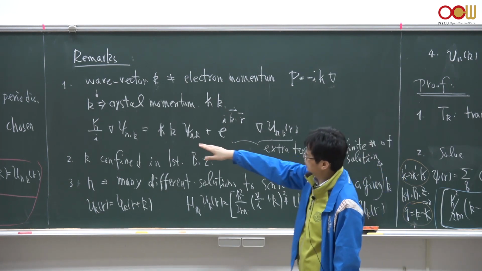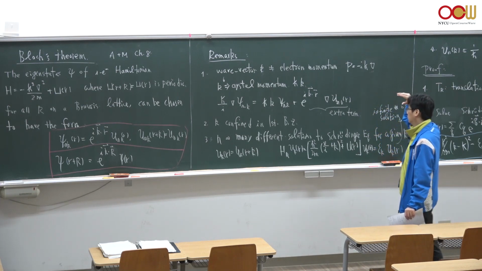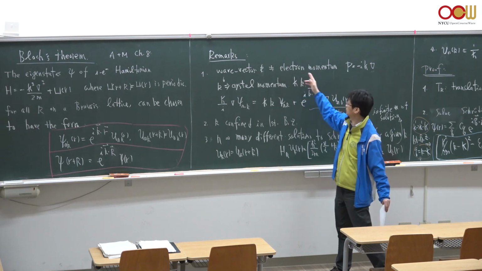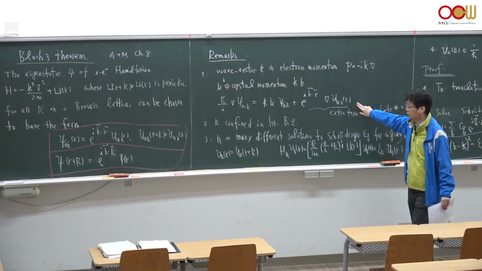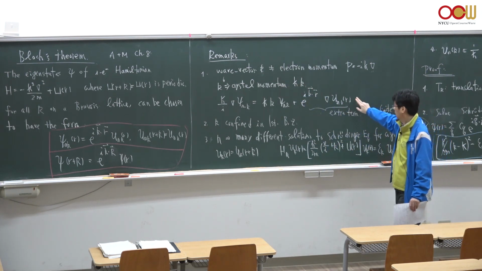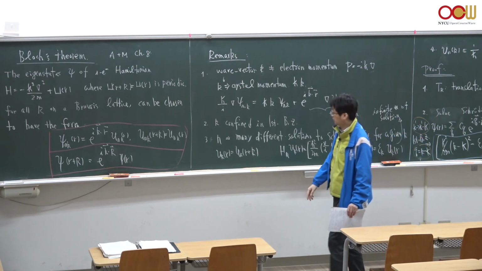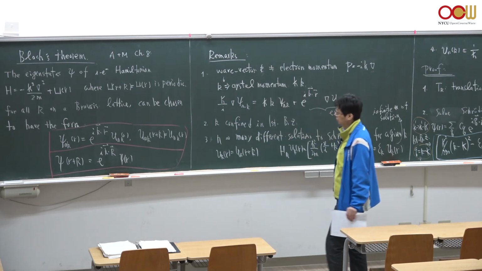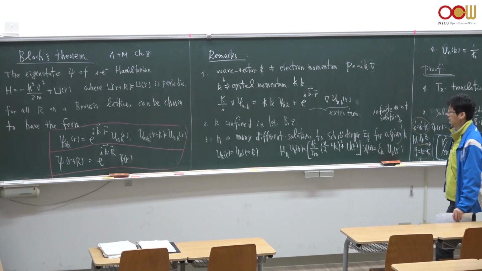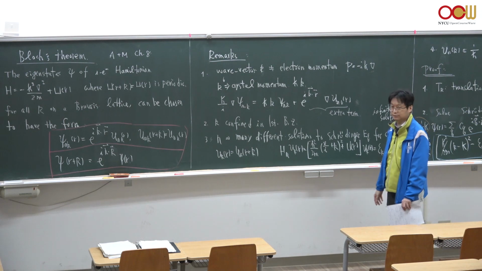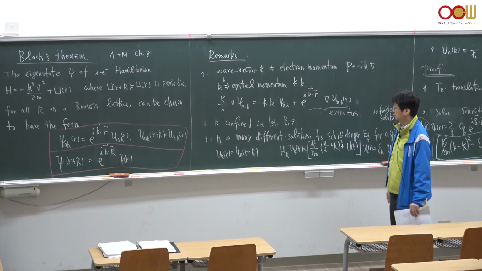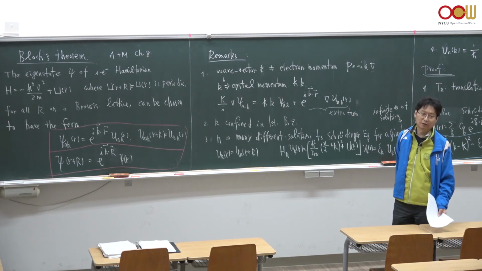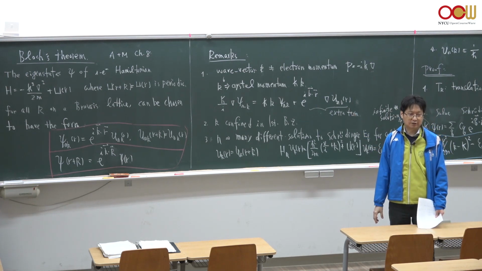But under such a Bloch theorem, you cannot simply identify this wave vector k as the electron momentum, because there is an extra term. This extra term involves the periodic, non-trivial eigenfunction u_nk(r), which we will derive later. But I will assign the proof of this Bloch theorem to you as a homework exercise.